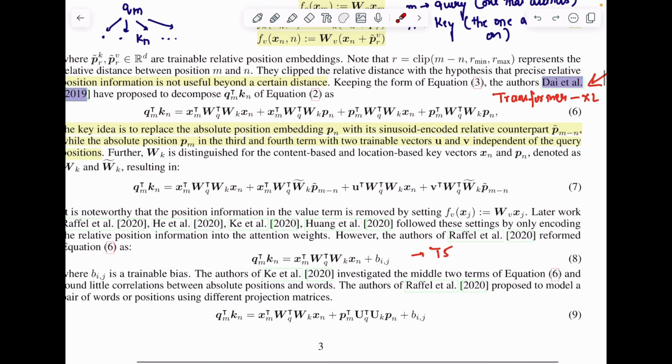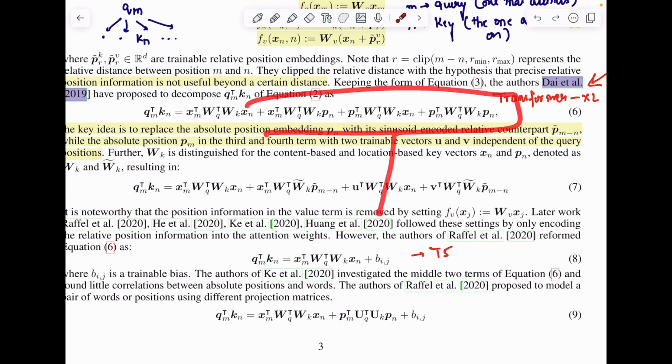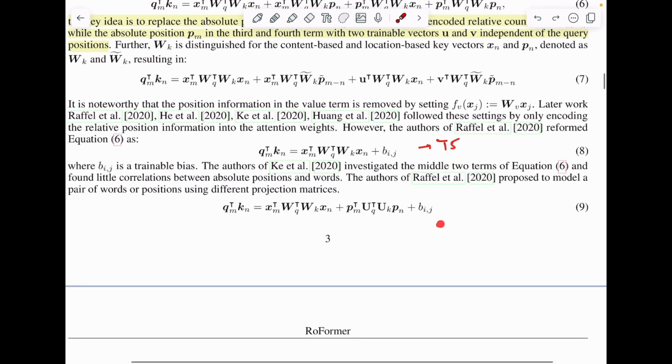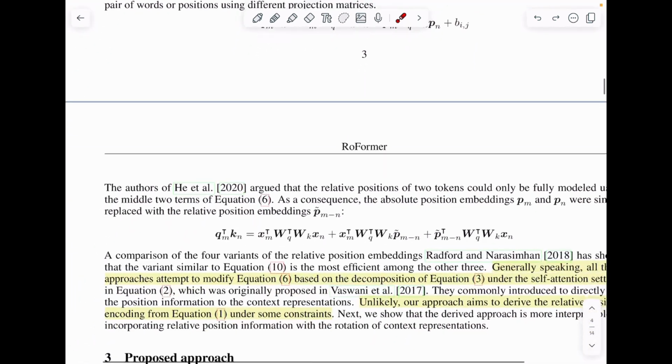For example, in the case of T5, they keep the particular term which is independent of the position, because there is no p, only content x_m and x_n are used, and the other three terms are dependent on the positions. So they replace these three terms with a bias term, which is a learnable value, and it is again relative. For example, you see that it is i comma j. Okay, and we saw various formulations other than this also.